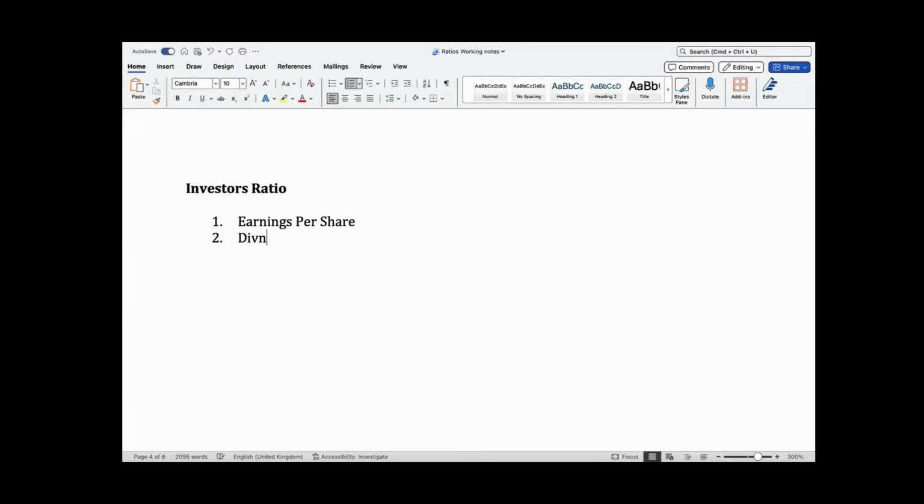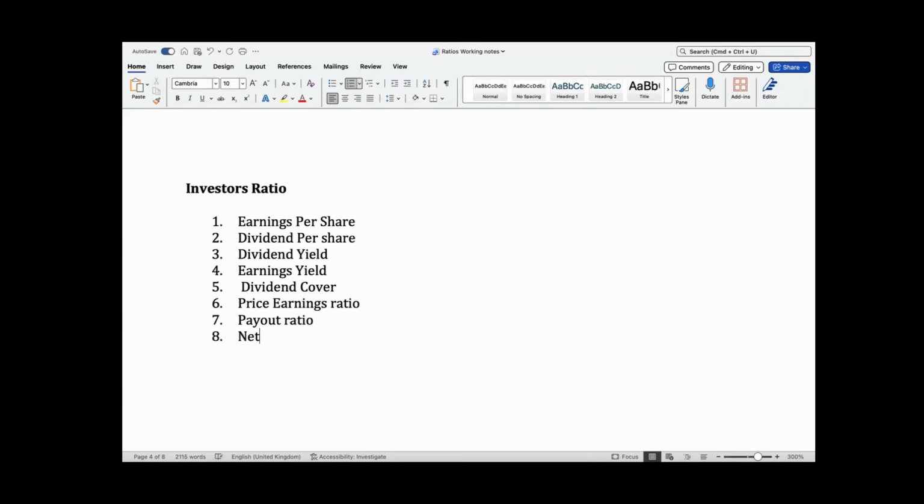And other popular ratios here, we have dividend per share, we have dividend yield, we have earnings yield, we have dividend cover, we have price earnings ratio, we have payout ratio, and a lot more like that.